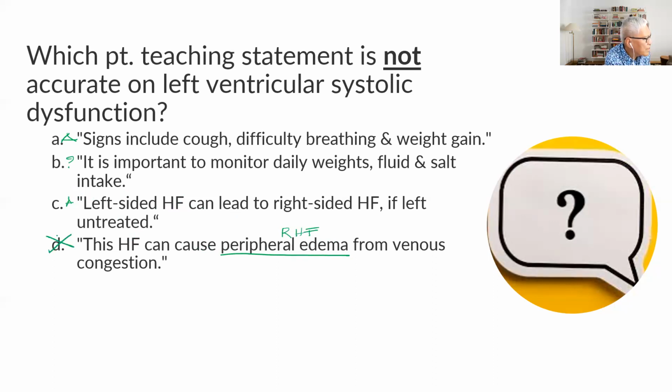So this is incorrect. So we're looking for something that it's not. So in both heart failures, we're going to monitor daily weights as well as fluid and salt intake because of the activation of RAS, if you remember. So therefore, this is a correct statement. So letter D is the incorrect statement.